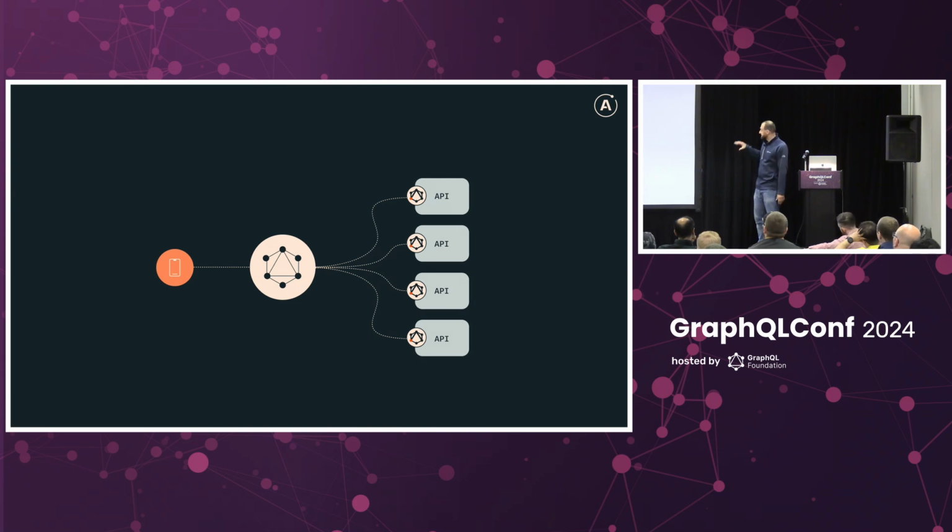The next step for many people is to ask themselves the question, what if these underlying APIs, instead of speaking REST or gRPC or representing some other data source, what if those APIs also had GraphQL APIs? Wouldn't it be nice, people often said, if we could compose a schema from many underlying GraphQL schemas?